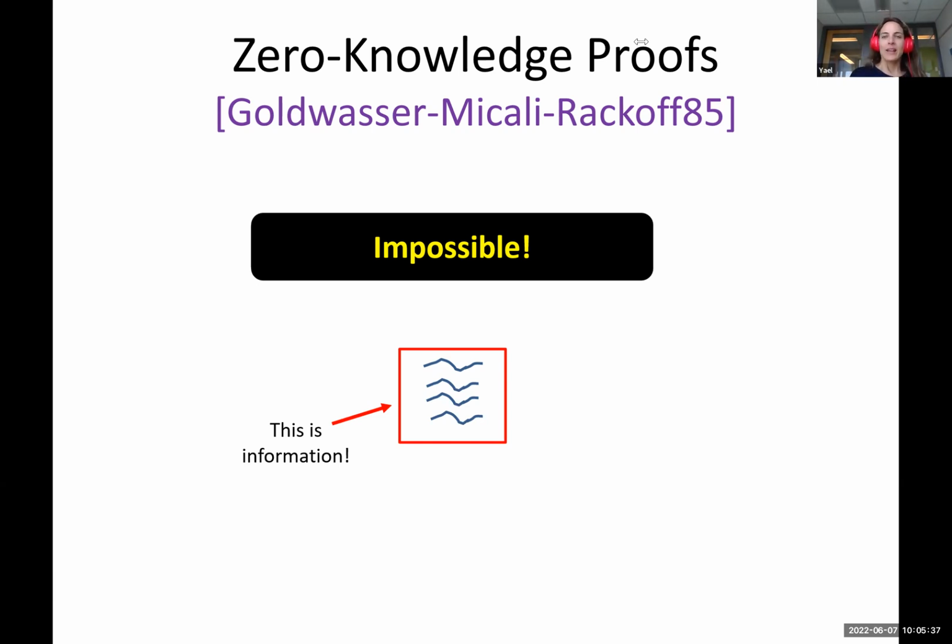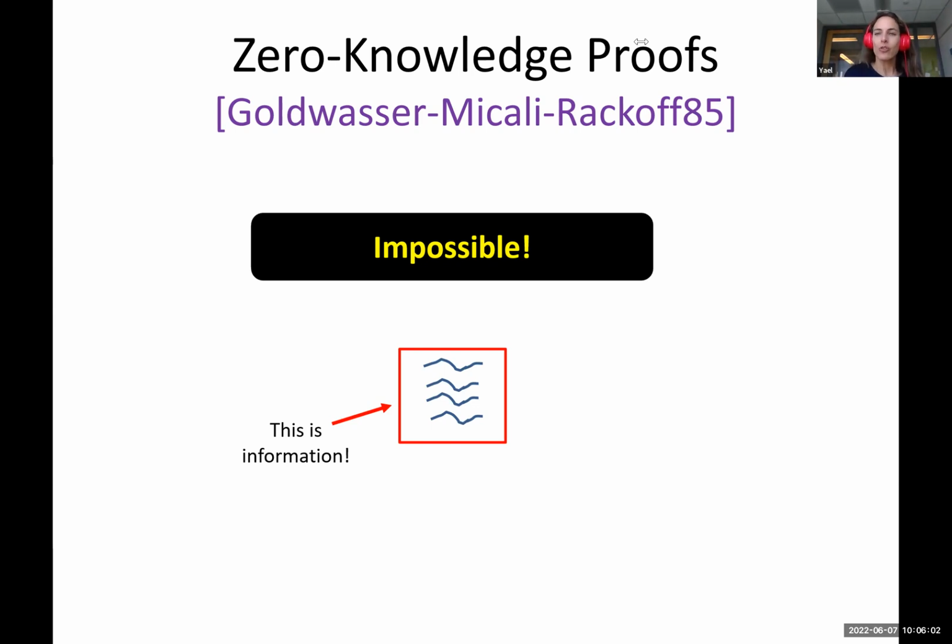Okay. So the first thing I want to tell you is actually that it's impossible. What do you mean, no information? Give a proof with no information beyond the validity? A proof itself is information in the sense that you can verify it. A proof is valuable. If I have a proof of a very important theorem, maybe I can sell it.